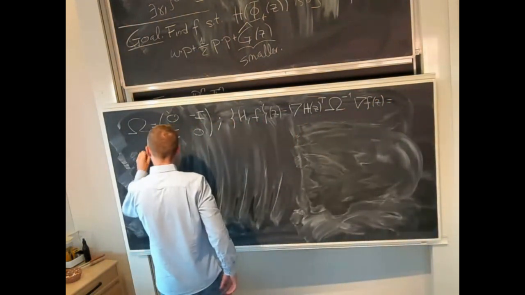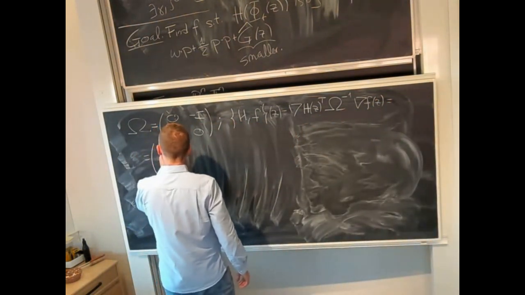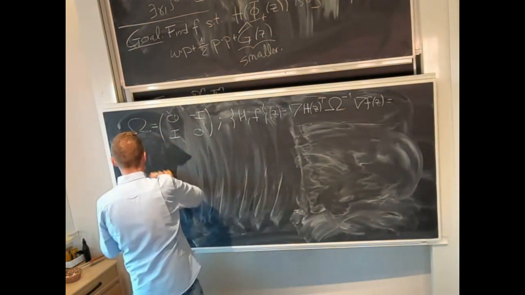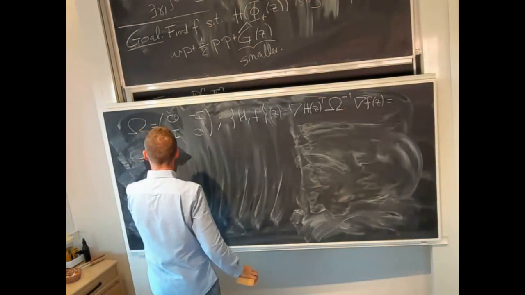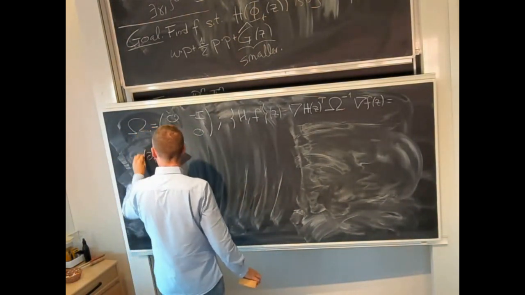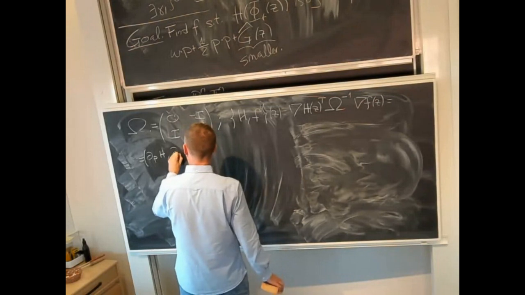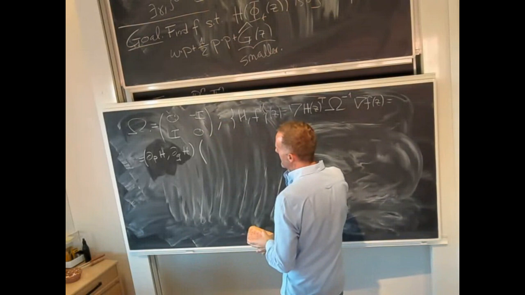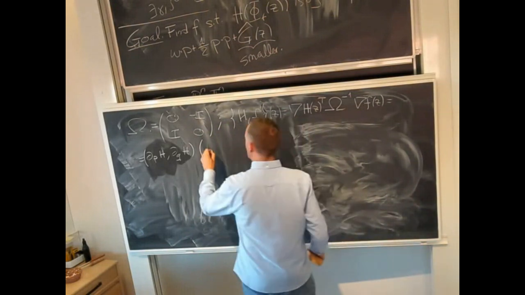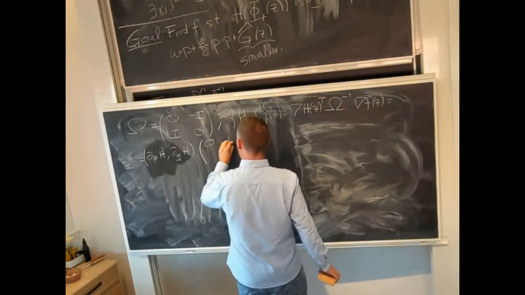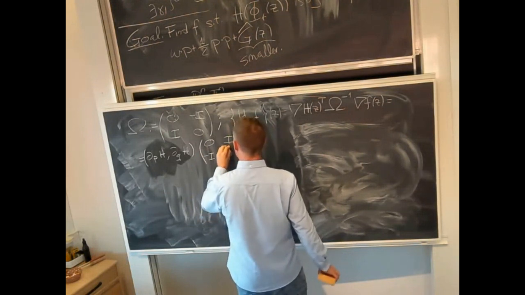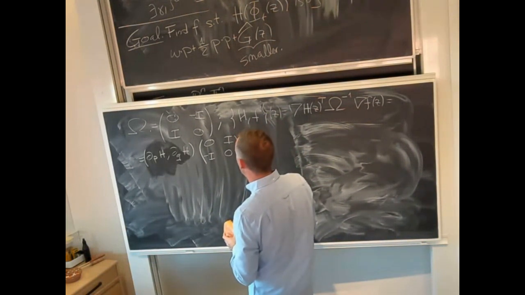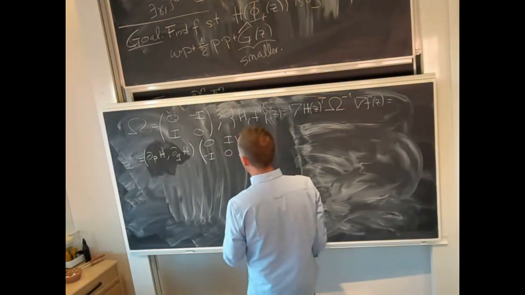Okay, so this is partial derivative of h, sorry. Partial derivative with respect to z of h. Now, what is the inverse of omega? The inverse of omega is [0, I; minus I, 0]. Okay? If I multiply omega by this one, I get minus identity.